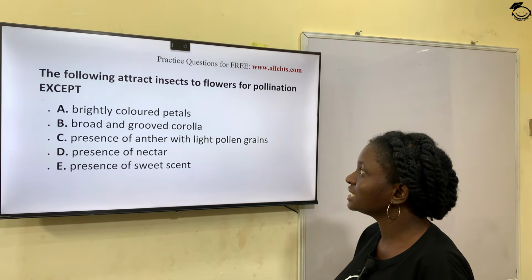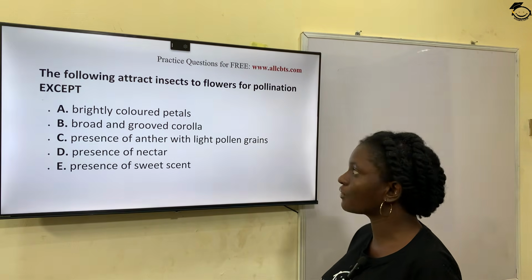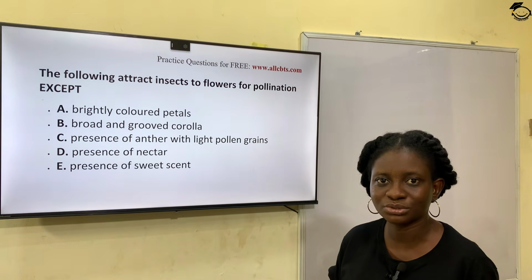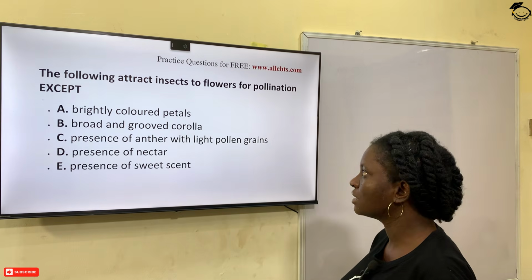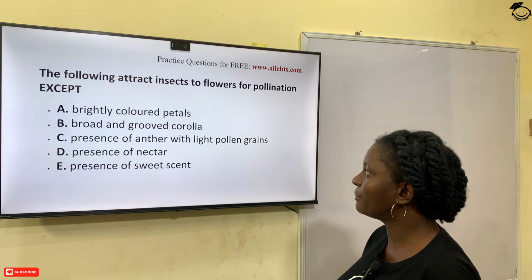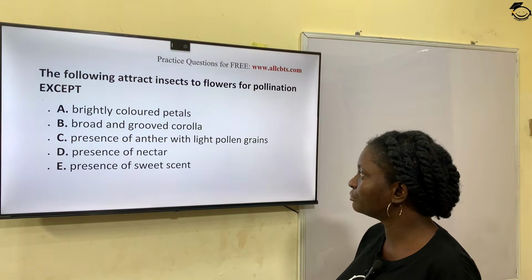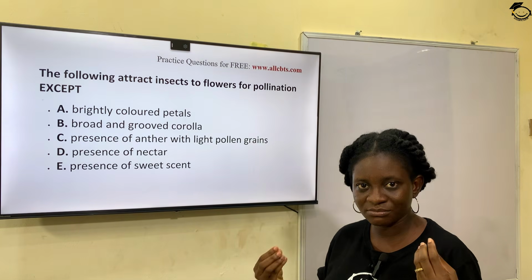Next question. The following attract insects to flowers for pollination. What are the attributes that attract insects to a flower for pollination to occur? Option A, bright colored petals. B, broad and grooved corolla. Bright colored petals attract insects because of the color.